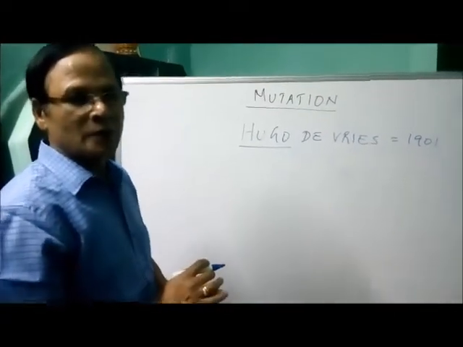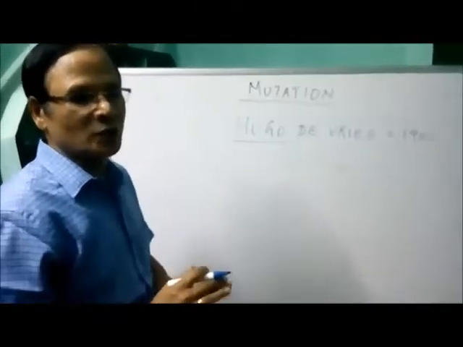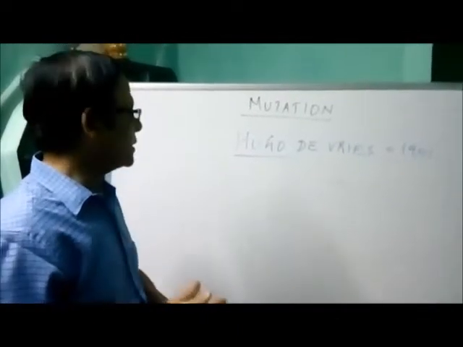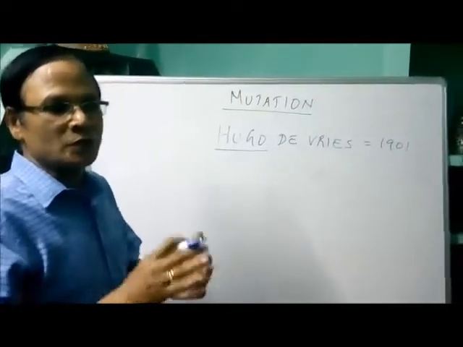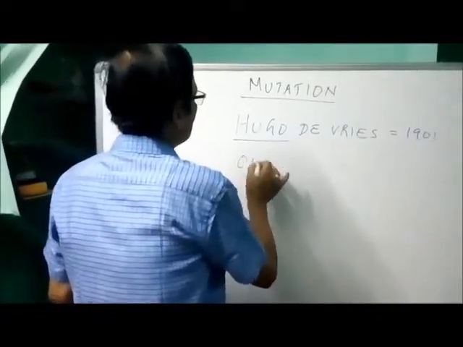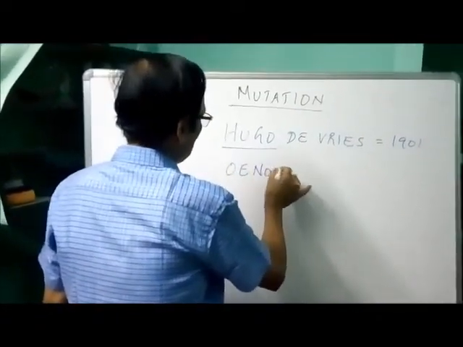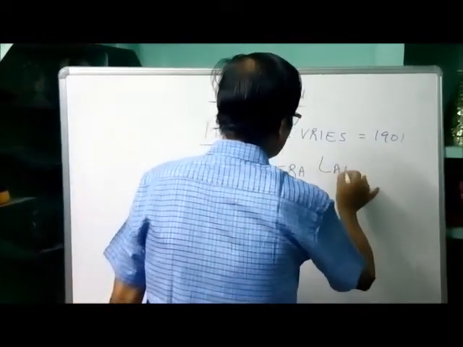He observed in a plant some phenotypic changes, external visible changes. The name of the plant in which he observed mutation, a sudden change which is being actually inherited, was Oenothera lamarckiana.